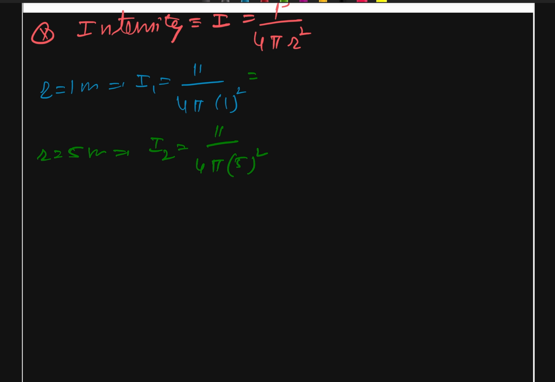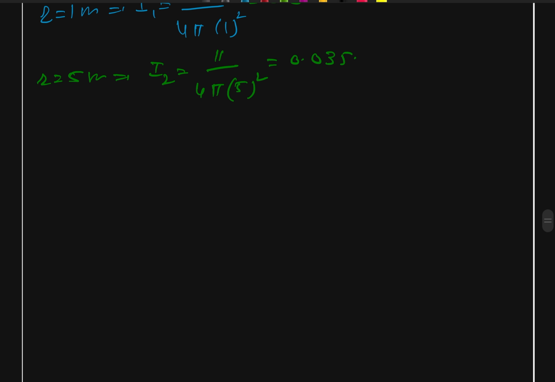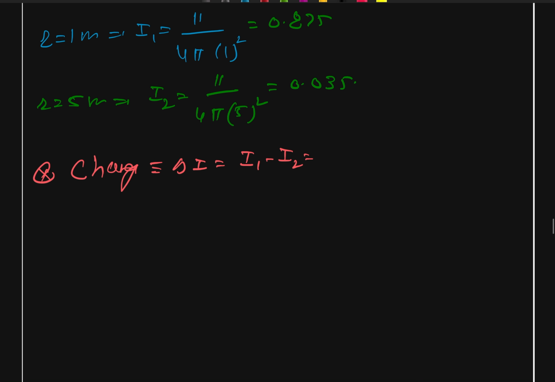So this we had was 0.875, and this we get as 0.035. Therefore we can see our change, that is our delta of I is equal to I1 minus I2, which is 0.875 minus 0.035.